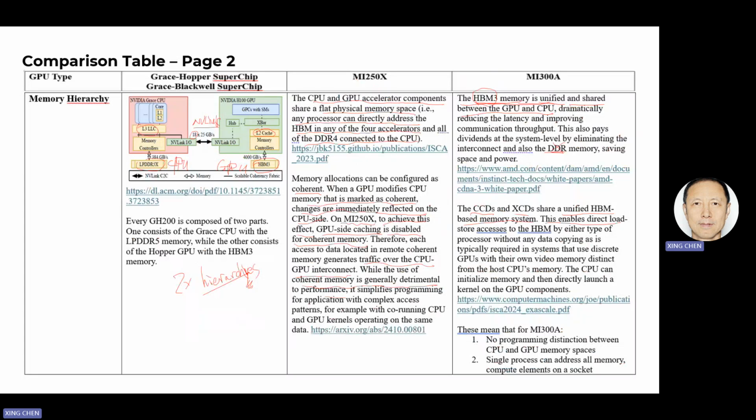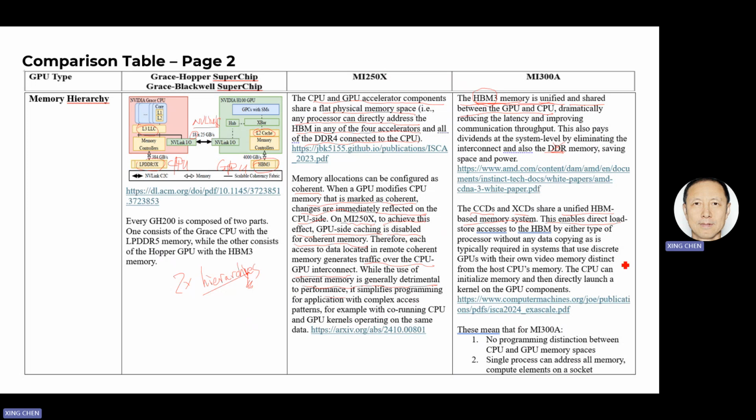Because you have these two kinds of memory, if the CPU has to access GPU memory, it has to copy the data from that memory into its cache. That's the local copy, the local cache. And the GPU, if it has to access the CPU memory, has to keep a copy in its local cache.